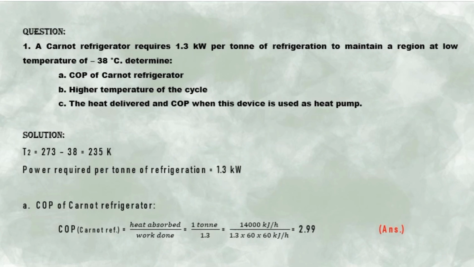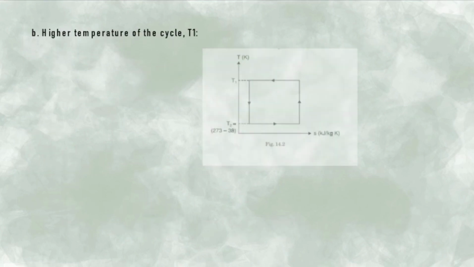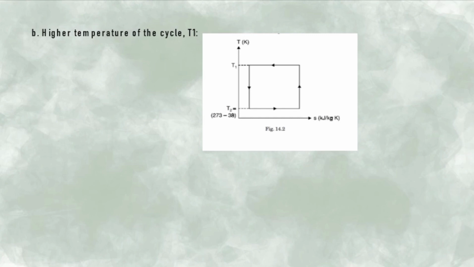For the COP of the refrigerator, we will just divide the heat absorbed over the work done, or the 1 ton over the 1.3, or the 14,000 kilojoule per hour over the 1.3 times 60 times 60 kilojoule per hour to have 2.99 as our answer.